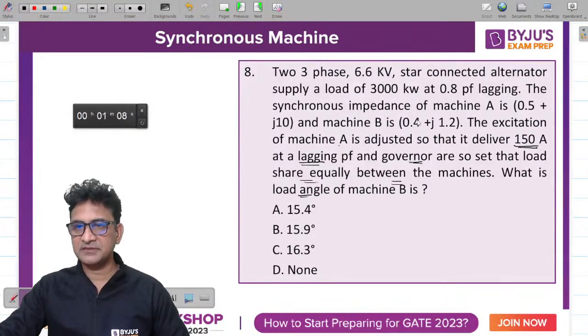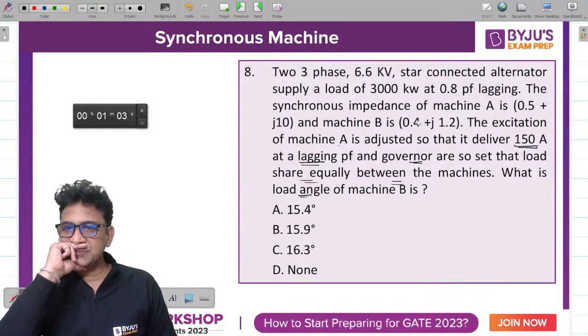The impedance is given for both the machines.